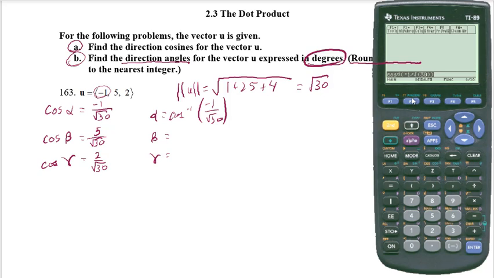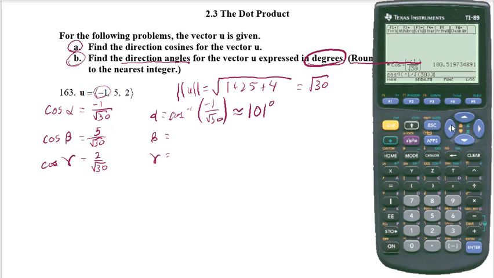After putting it in degree mode, we simply type the arc cosine of negative 1 over square root of 30. Now we've done this earlier. To get it to round, we use the green enter key. And that's our approximation key. So to the nearest degree, that would be 101.